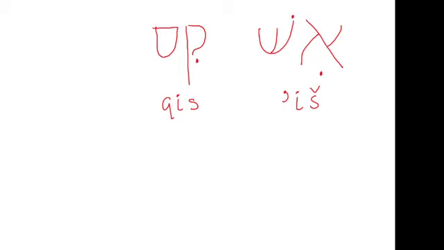A word with 2 syllables, Yigat. Yud, I, Get. Oh, sorry, it's a dot.